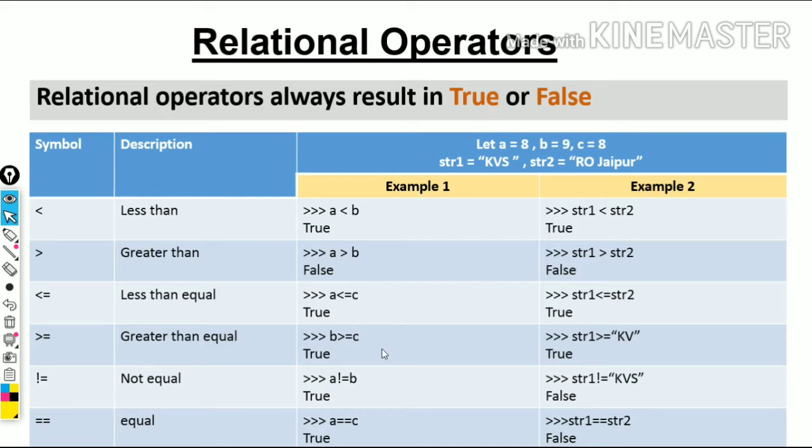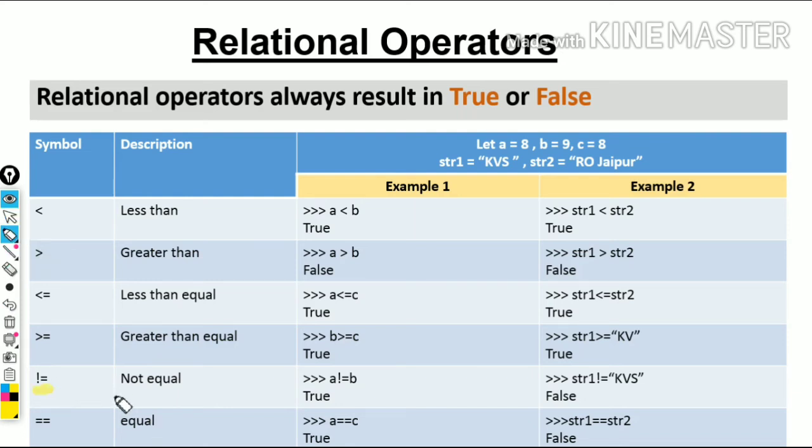If b is greater than or equal to c, yes, b is greater than c, so the answer will be true. In case of strings, str1 contains kvs. K and v are equal, and as compared to kv, in kvs a third character is compared to the third character of kv. There is no third character in kv, so str1 is greater than or equal to kv, so the answer will be true.